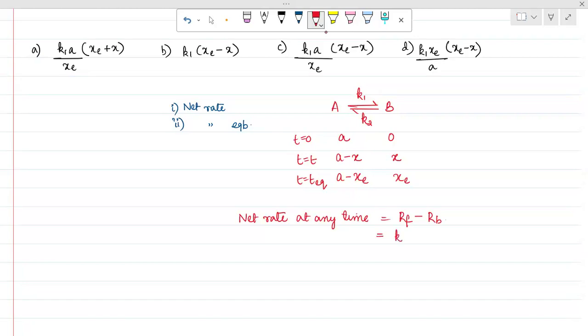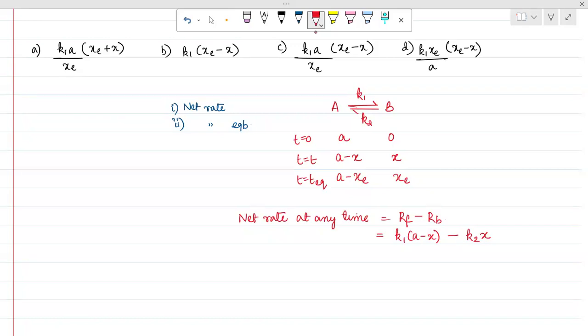So it is going to be K1 into A minus X. And for the backward reaction, B gives A, it is K2 into concentration of B at any time, which is X. So this is the net rate.